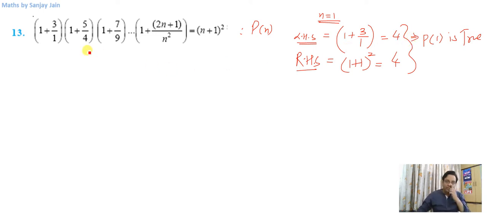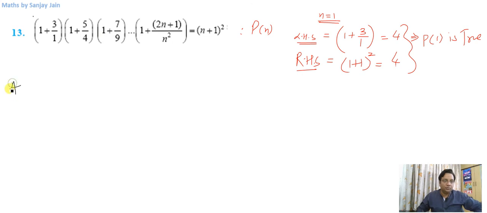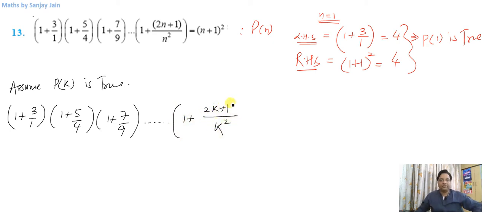Right? Now the assumption. Assume P of k is true. So I can write this statement: 1 plus 3 upon 1, 1 plus 5 upon 4, 1 plus 7 over 9, and so on till 1 plus 2k plus 1 divided by k squared.